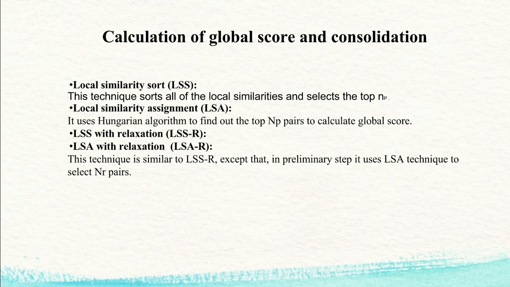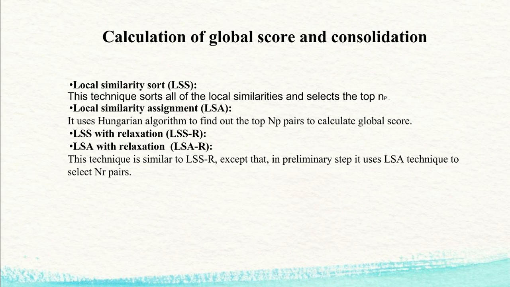It depends totally on how you are going to calculate your similarity. Now, local similarity assignment, LSA. In LSA, we use the Hungarian algorithm to find the top NP pairs to calculate the global score. The third technique is LSS with relaxation, local similarity sort with relaxation, which we'll talk about on the next page.